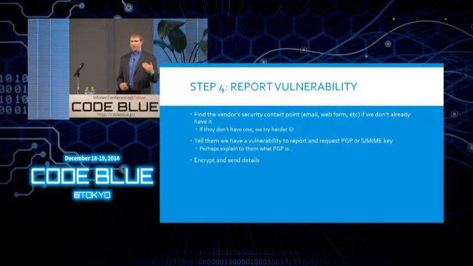Once we've found them, we want to make sure we exchange information securely, so we will request a PGP or S/MIME key. And the typical response to that is, what is PGP? So we actually have a template that walks people through how to install PGP. Once we've solved that, we'll send them further information.